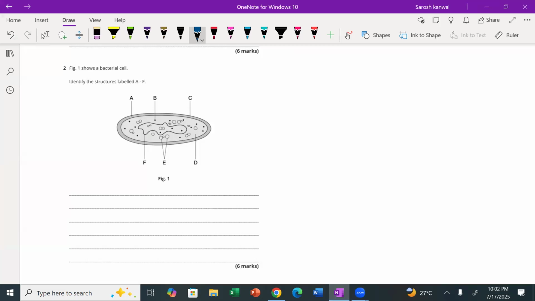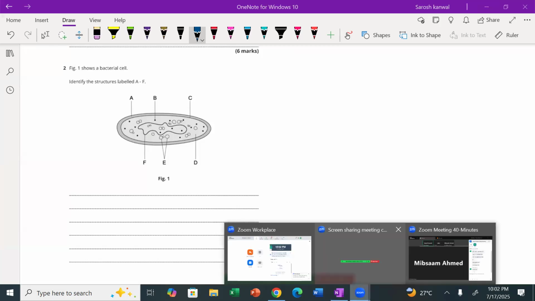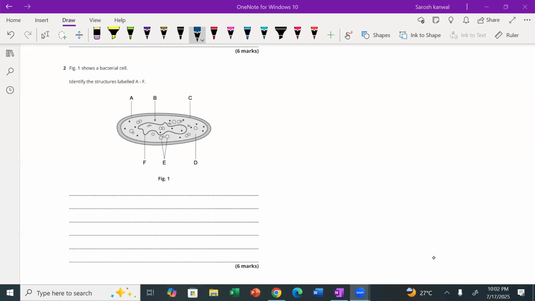A, B, C, D, E, and F. Okay, A is cell wall.